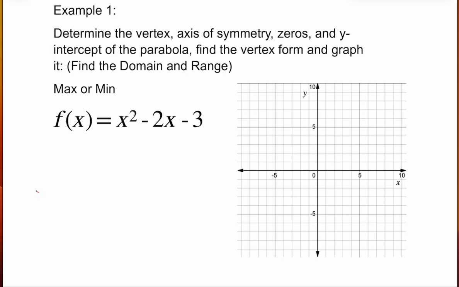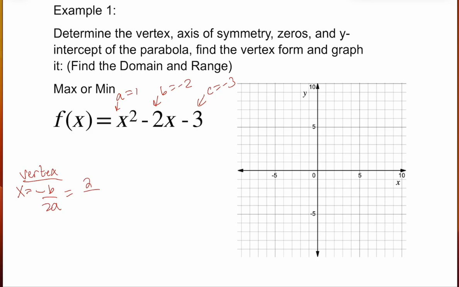The first thing we want to do is find the vertex as x, which is negative b over 2a. Our a value is 1, our b value is negative 2, our c value is negative 3. We're going to pull those values out, making sure they're in descending order: the square, then the x, then the number. When I see negative b, I always think the opposite of b. So the opposite of negative 2 is 2. A is 1, so just double that.